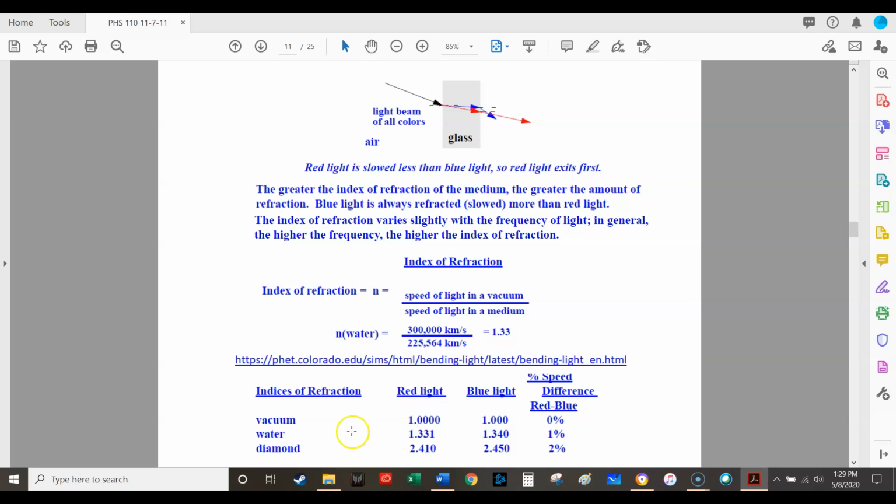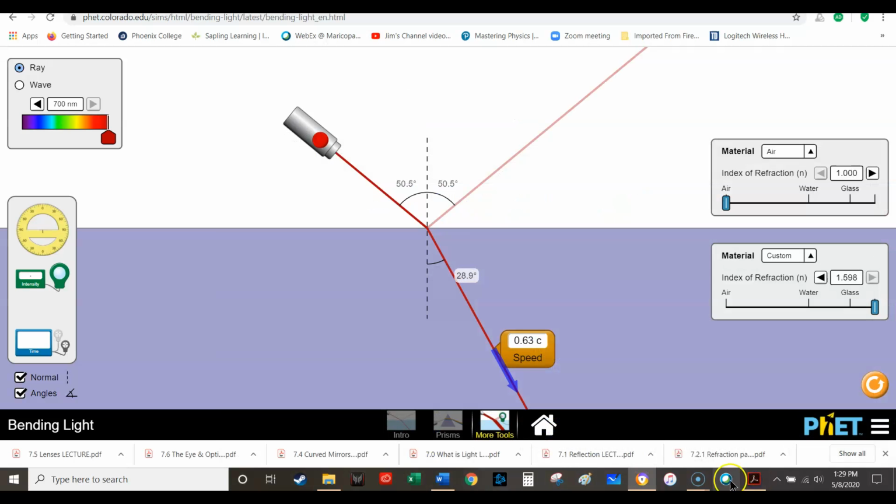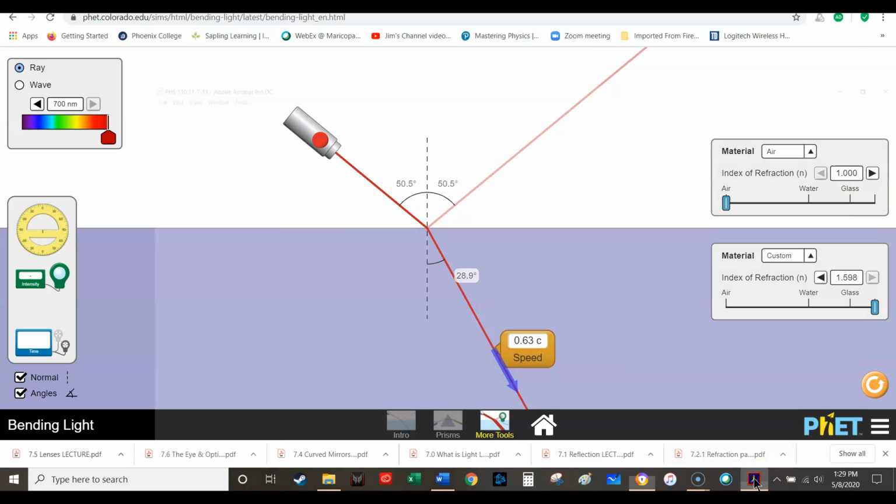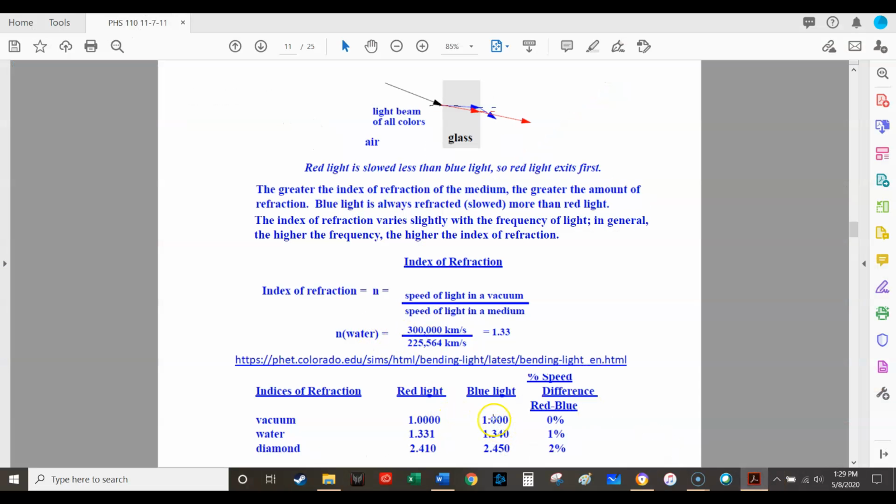So that's what this little thing is about right here, and I put the link to the light lab right there. And again, we chose that far right link, which was more tools. But you could see that in diamonds, this would be a much larger difference in the speed of light, right?